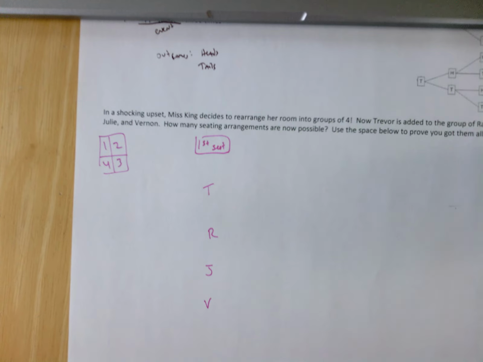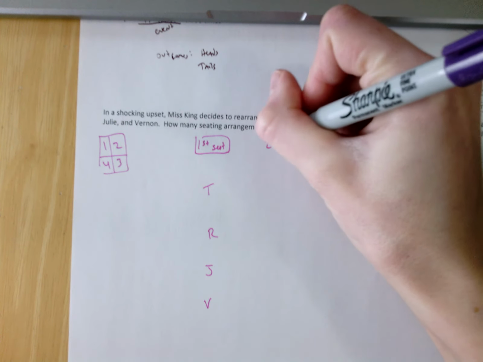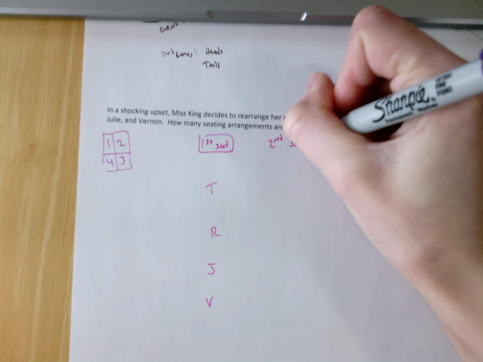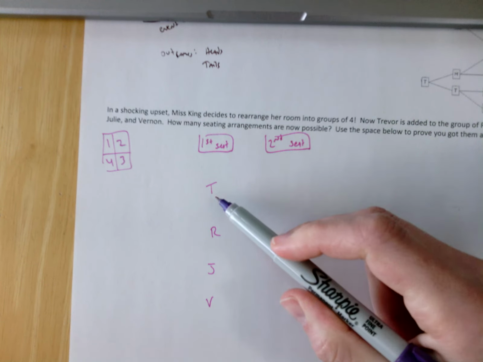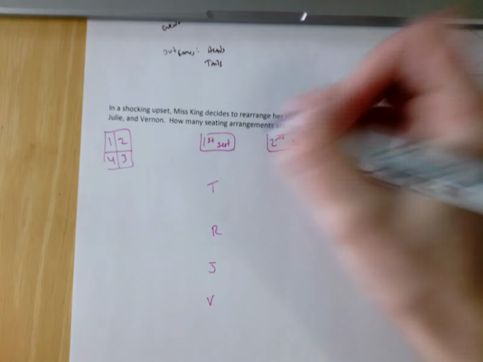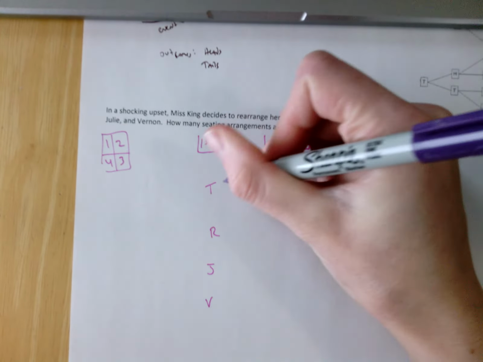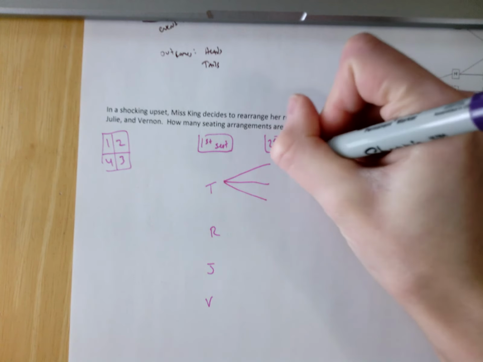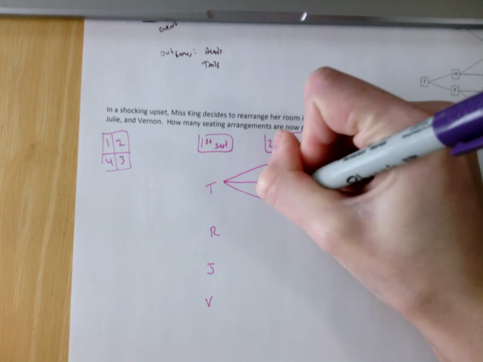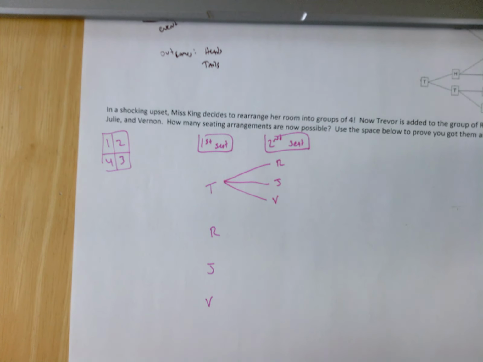Now, once I've chosen who's gonna sit there, now I need to make a decision for the second seat, okay? So if Trevor was in the first one, then when I go to my next seat, I'm only gonna have 3 people left, right? Trevor obviously can't sit in 2 seats. So from here, it would have to be either Ray or Julie or Vernon, who sits in seat number 2.